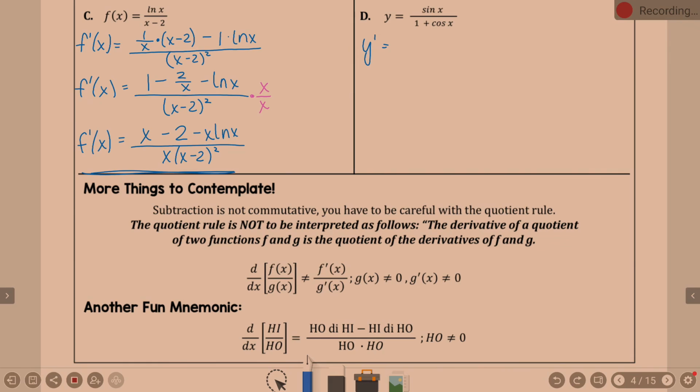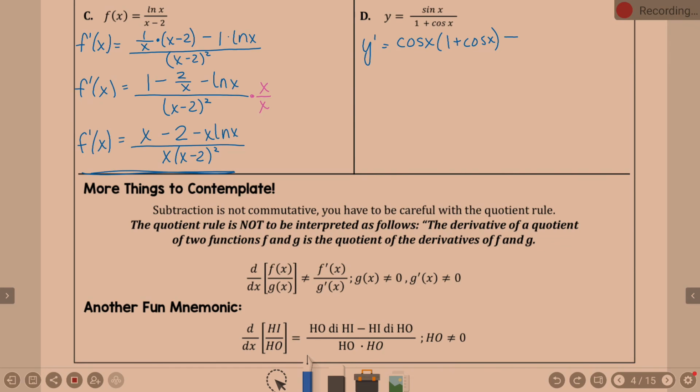What do we got? Derivative of sine x is cosine x times the denominator, so times 1 plus cosine x. What goes next? Minus, because it's a quotient rule. And now, you can put either piece first.